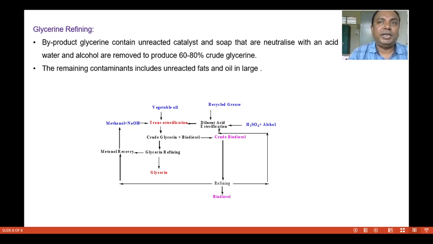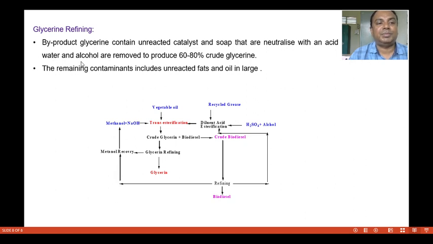Ultimately, at the end of the process, what we get is 60 to 80% crude glycerol. Moreover, many such steps have to be performed, like removing water and alcohol which also remain within the glycerol, as already discussed.